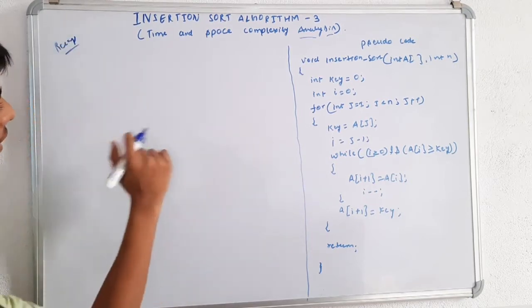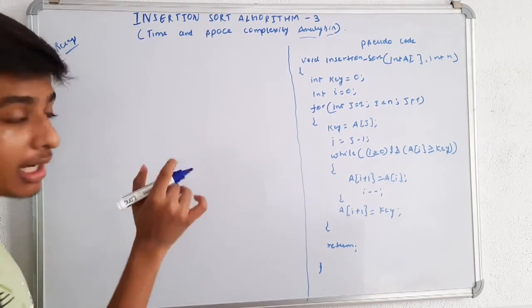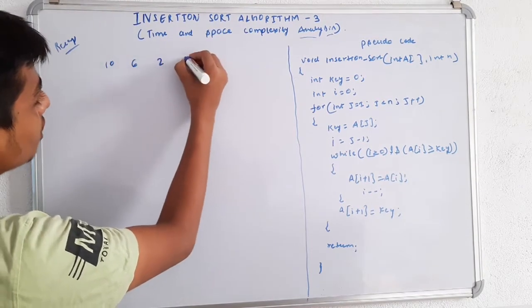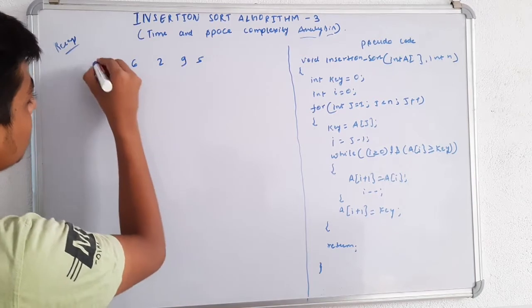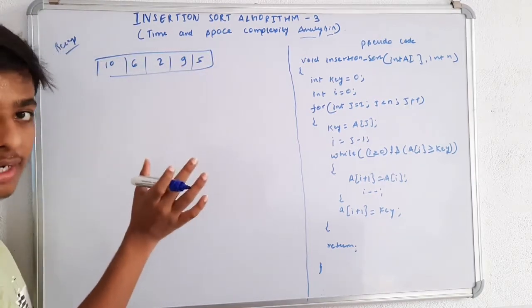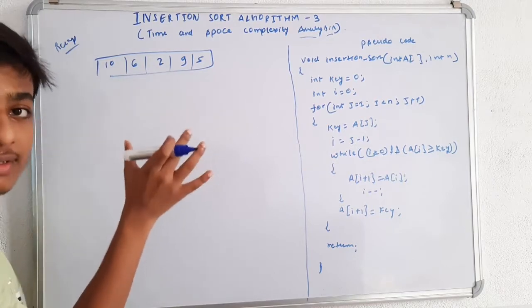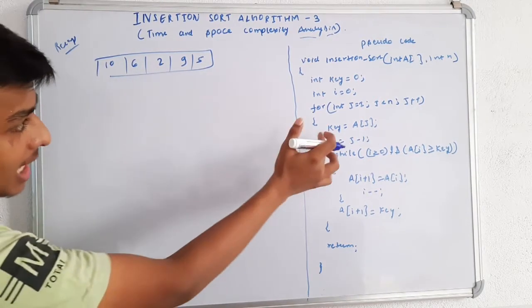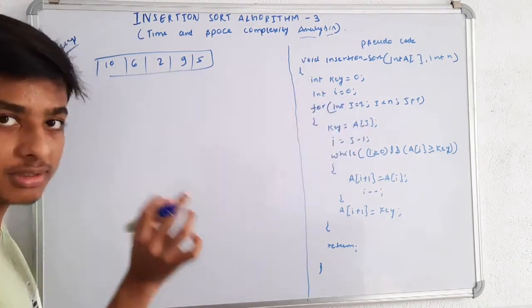Say we have a random array like 10, 6, 2, 9 and 5. It's not sorted, and our goal is to sort this array in ascending order. The main concept is that we will have two variables, i and j.